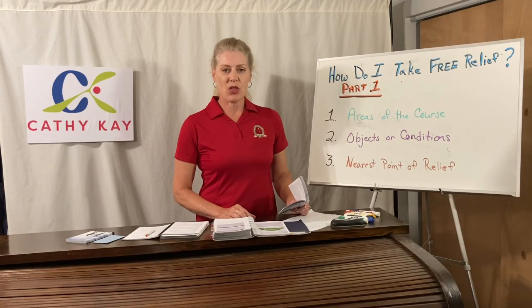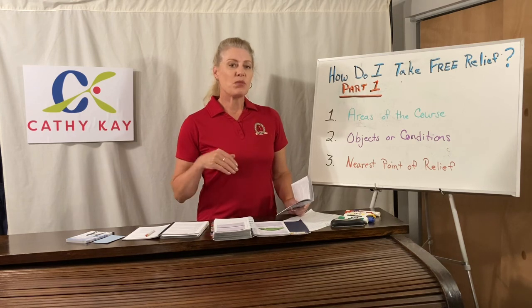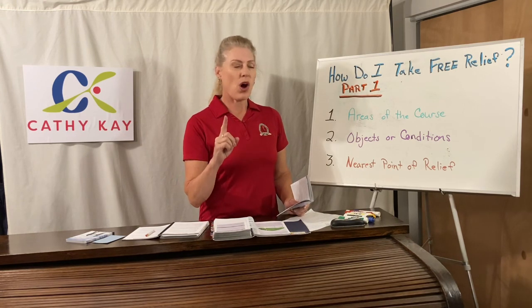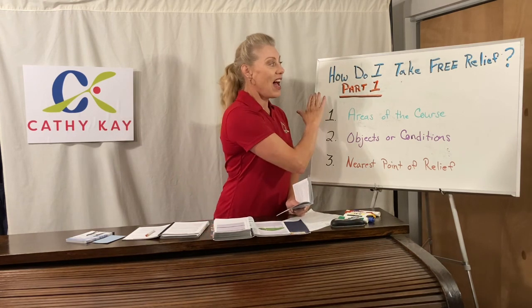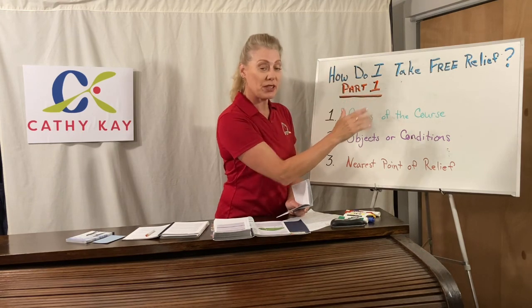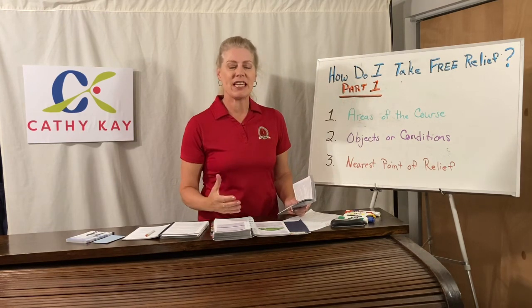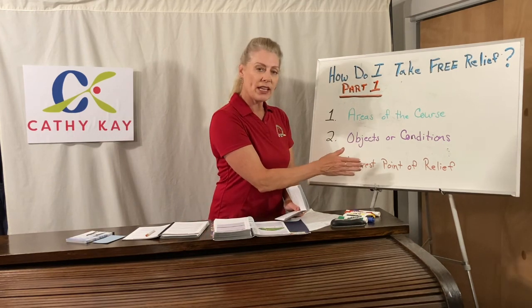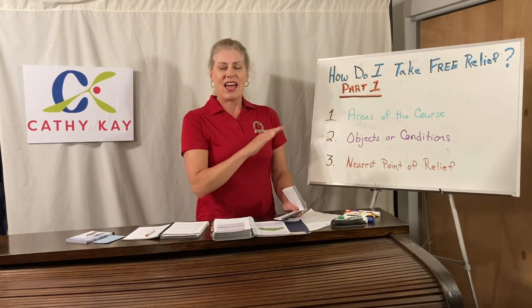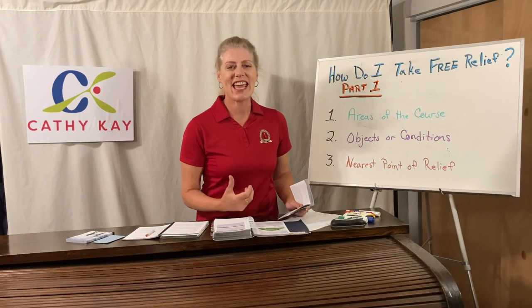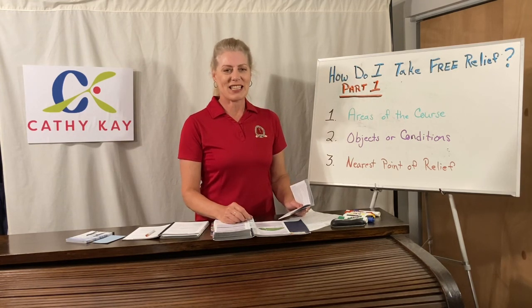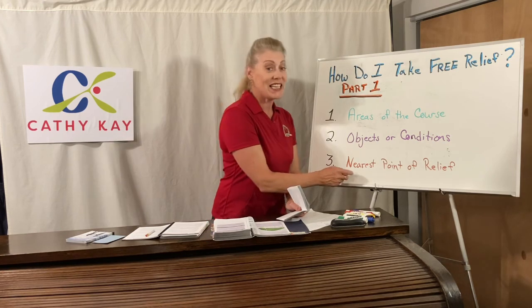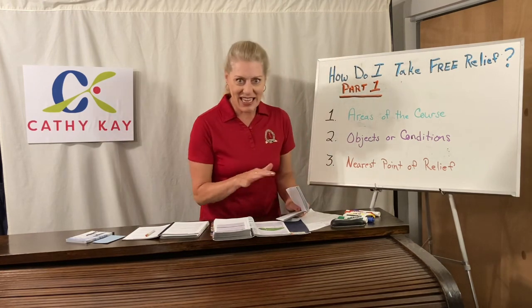Having taken a look at some of those, let's move into step 1, the process of how do I take free relief. What is the first thing we need to determine? It is the nearest point of relief. And a saying that rules officials like to say is, it's the nearest, not the nicest.